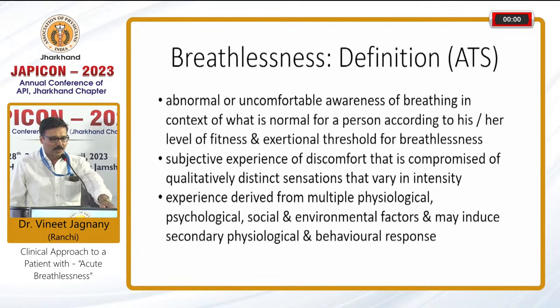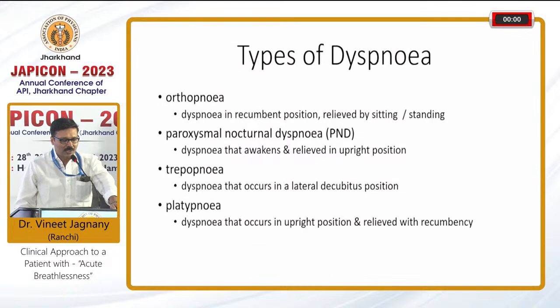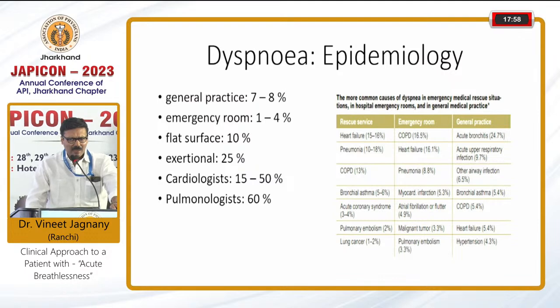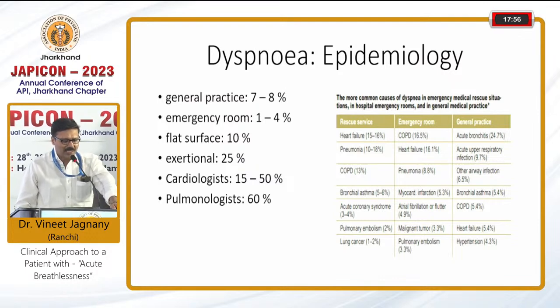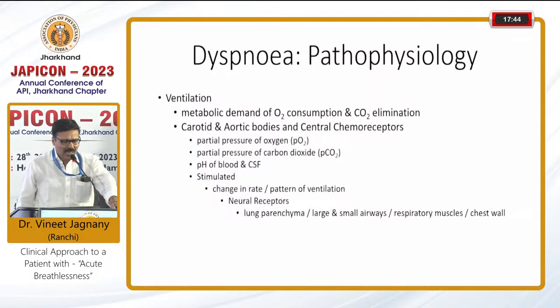Well, we all know that acute breathlessness is defined as an uncomfortable awareness of breathing, which could be orthopnea, PND, trepopnea, platypnea. And in our practice, in various specialties, we see somewhere 10 to 50% of patients suffering from dyspnea, which is due to the inappropriate balance of oxygen consumption and carbon dioxide elimination, and because of the inappropriate partial pressure of oxygen, CO2, pH of blood and CSF, which leads to the altered rate and pattern of ventilation due to the neural receptors.